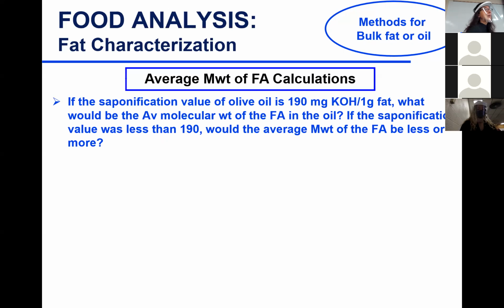This will give us the average molecular weight of the dominant fatty acid, which is oleic acid, in olive oil. Let's not worry about the second half. Let's just worry about how we calculate the average molecular weight of fatty acid in this oil if I'm only given this one value, 190 milligrams per gram of fat.